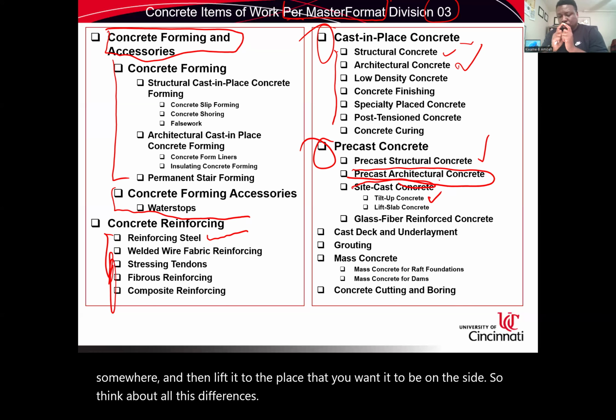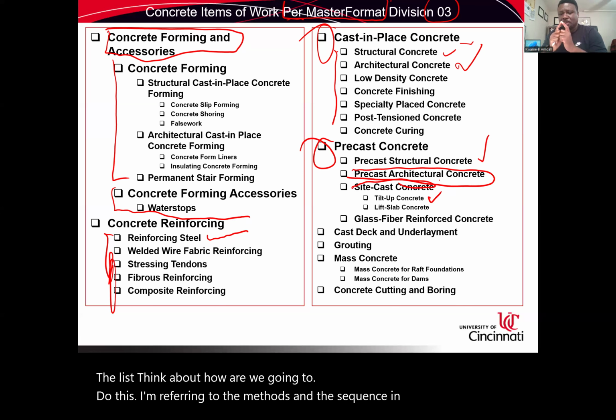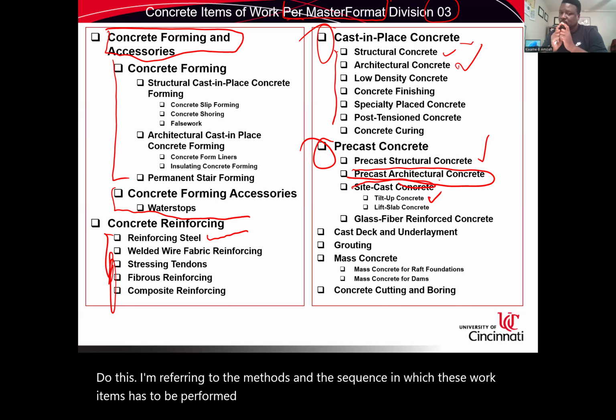As we go through the list, think about how we are going to do this. I'm referring to the methods and the sequence in which these work items have to be performed on the job site. It is very important.